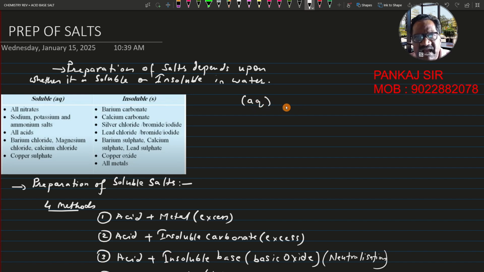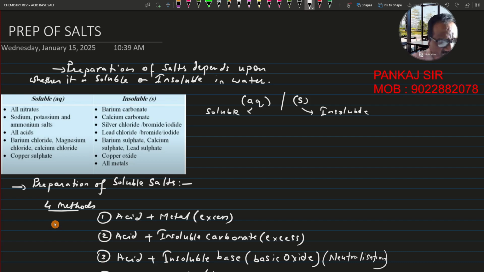If the salt is insoluble, we write S, solid. This means insoluble, and when we write AQ, it means soluble.